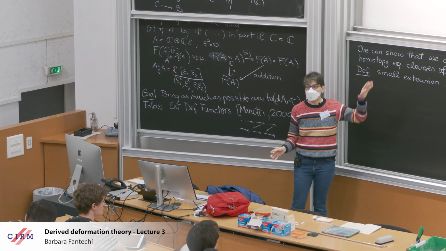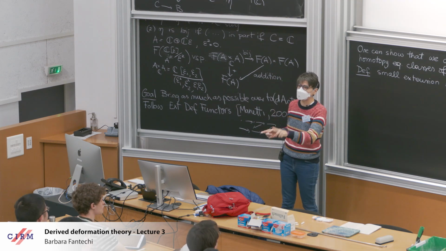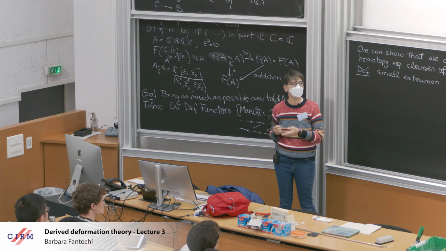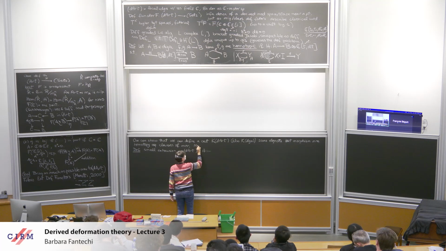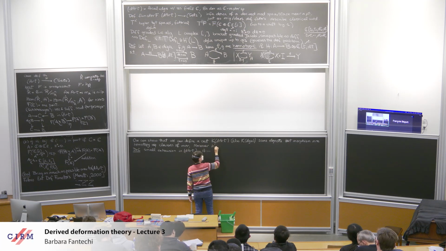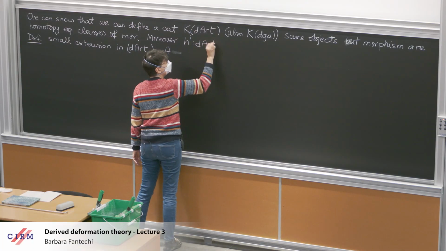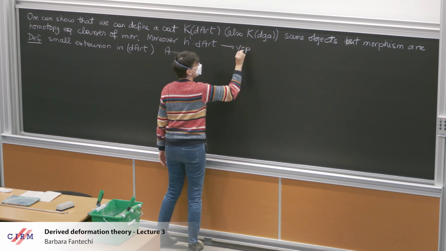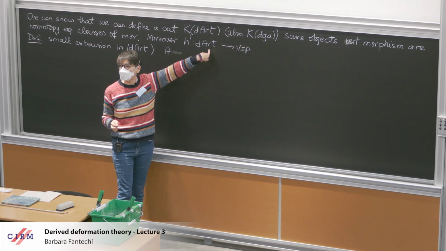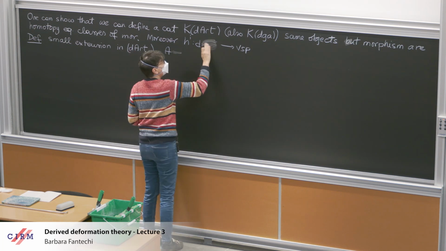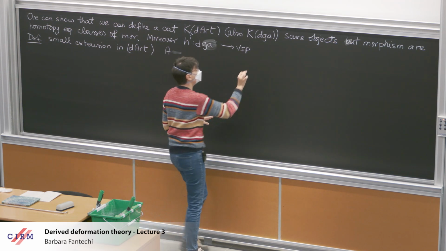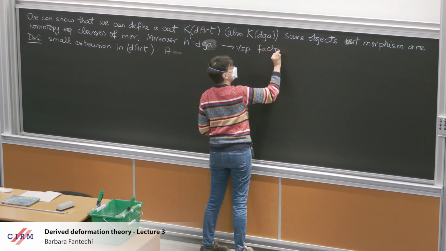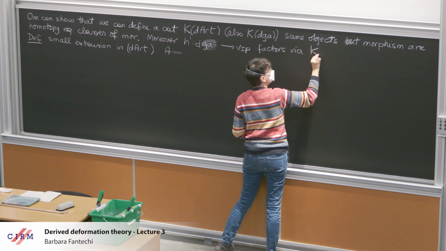And so this reminds me of something I should have said and did not, which is very important: moreover, the H^i from d art to vector spaces, so if I have a differential graded algebra or DGA for that matter, to vector spaces, factors via K of DGA.